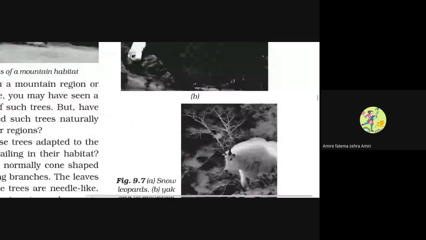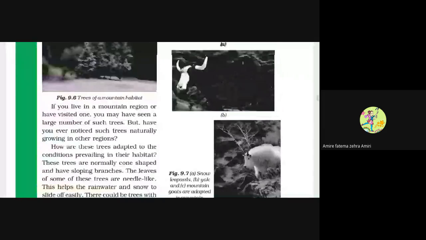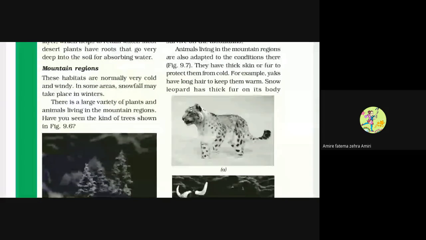As you see, not only plants adapt to the changes, but animals also adapt. The leopard and yak have thick, furry skin, so they can survive the cold.